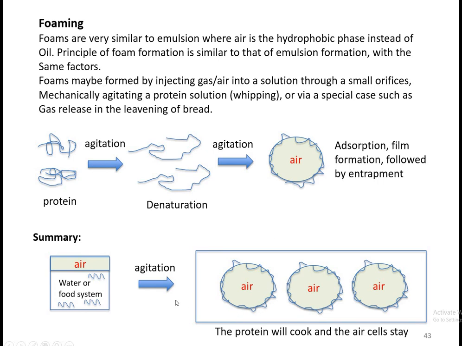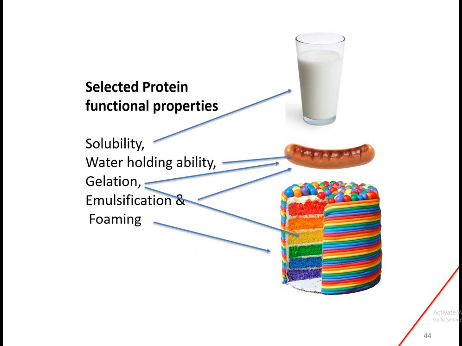So the role of the protein is that it protects the air from coalescence. You save the air. So when the protein is cooked, i.e. the protein may become a gel later on, this air cell will stay and you have your cake soft and high in volume. Alright, so that's the end of it.